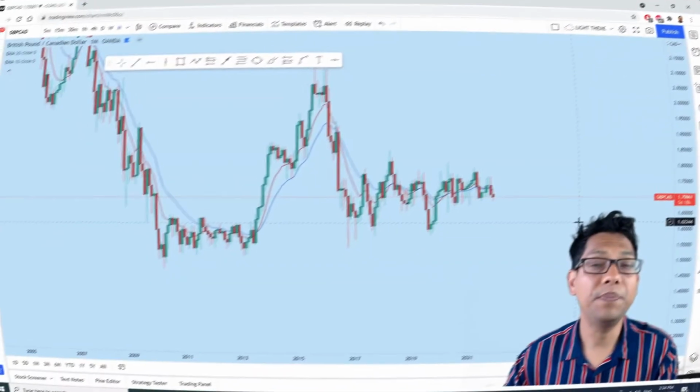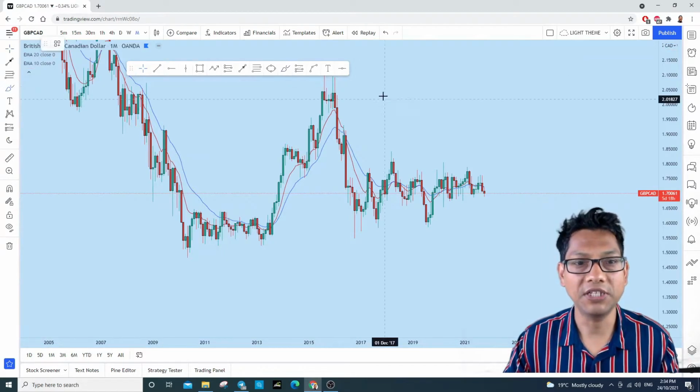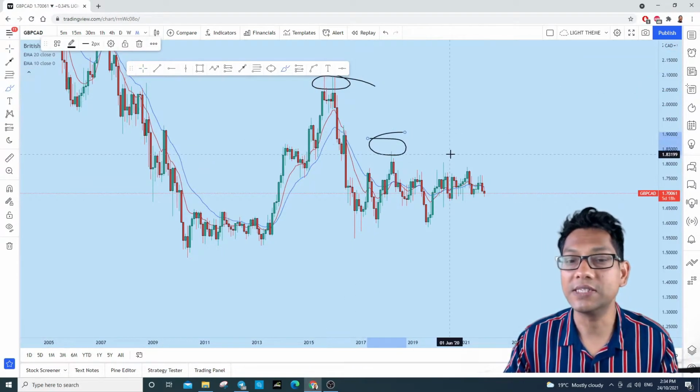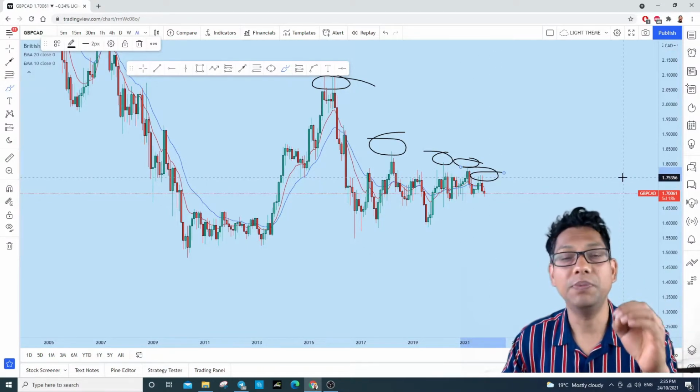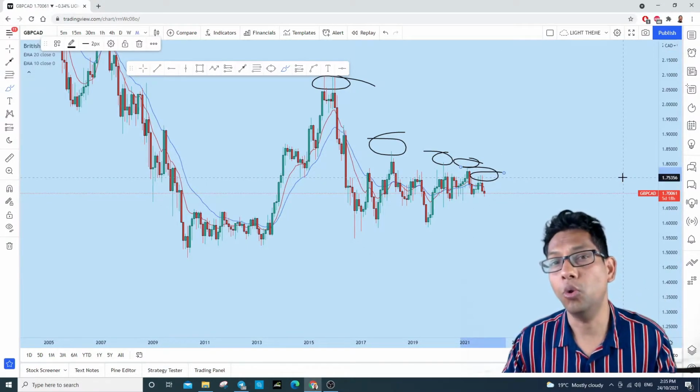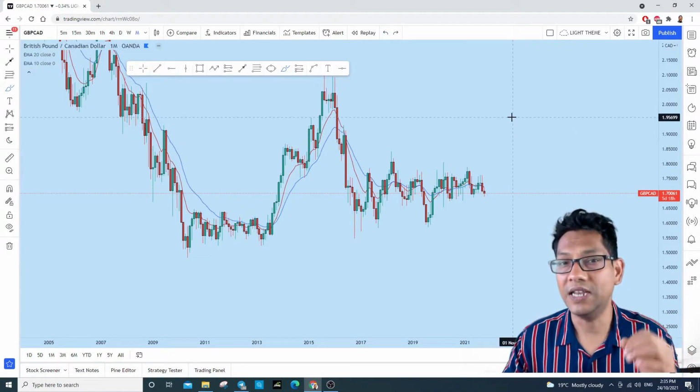So for GBPCAD on the monthly, what we can see on the bigger picture is that it is in a downtrend. As you can see, look at this, every month passing by, GBPCAD is creating lower highs. So this is a sign of a downtrending market.